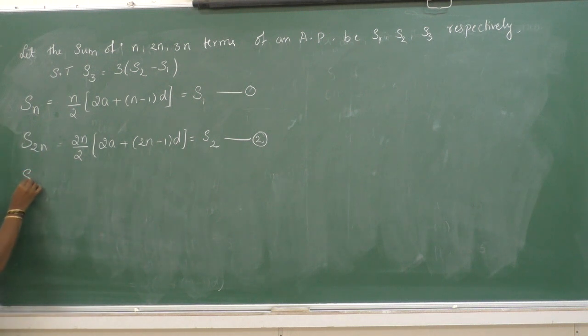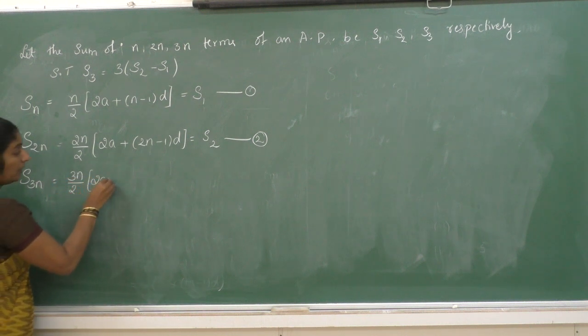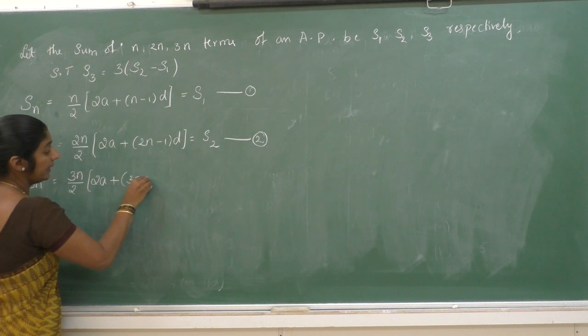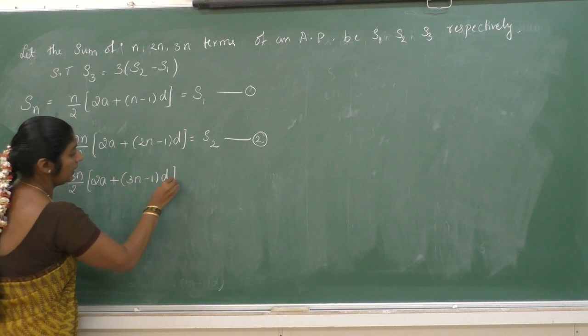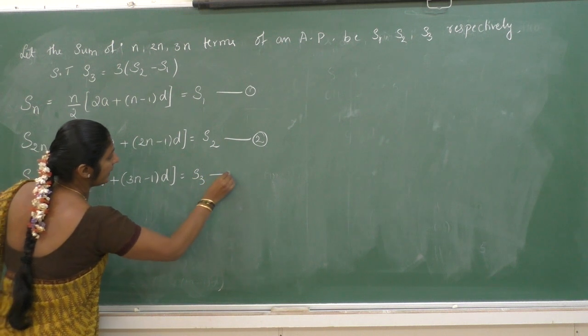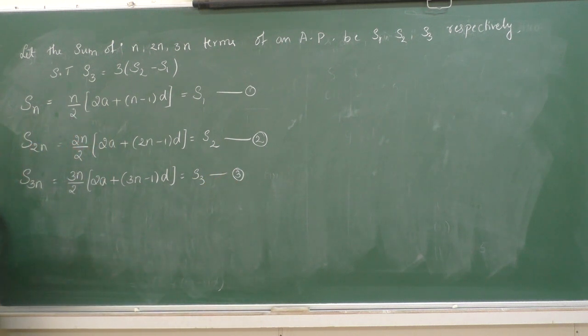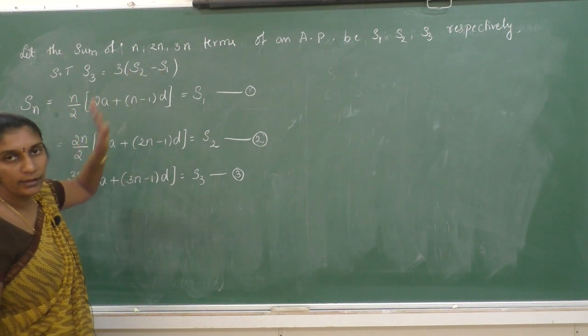In the same way, sum of 3n terms, that is 3n divided by 2 into 2a plus 3n minus 1 into d, represented as S3. Call this equation number 3. Right? Then you have to show that S3 is equal to 3 times S2 minus S1.